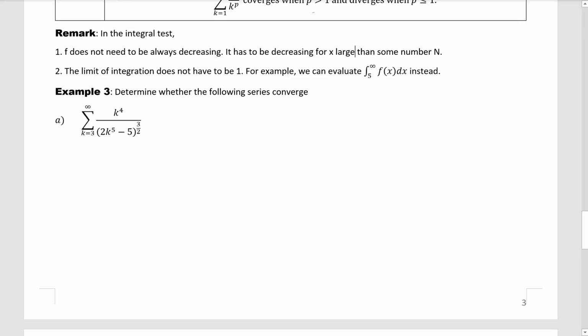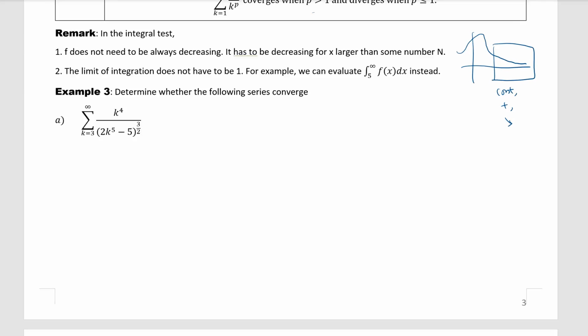If I draw the picture, you can have your function like this, but at the tail we make sure the function is continuous, positive, and decreasing. Maybe in the first couple of terms it increases, but the tail really matters. The tail determines whether the series or the integral converges or diverges.